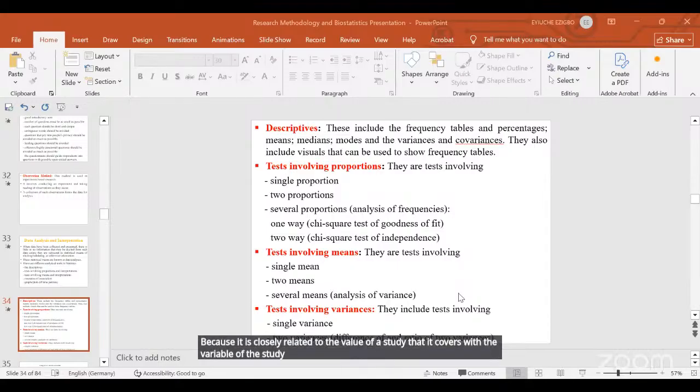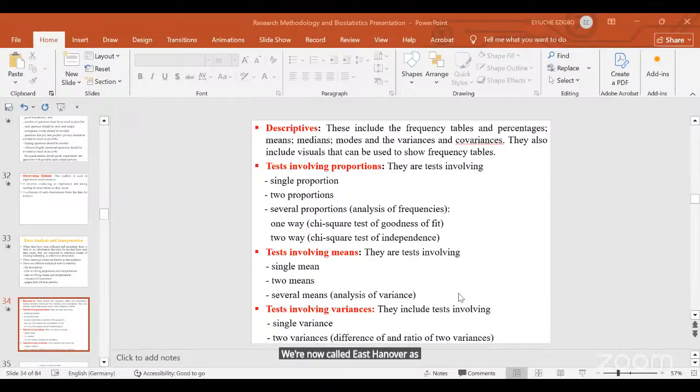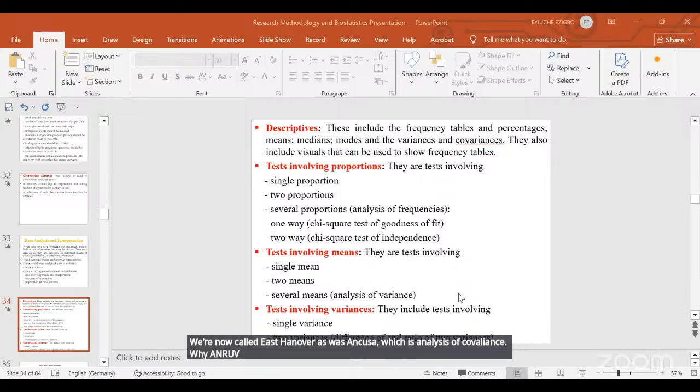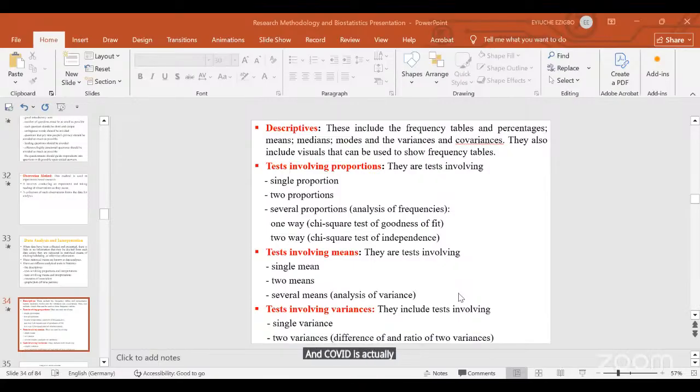As a result, we now call this ANOVA as what? ANCOVA, which is analysis of covariance, while ANOVA is analysis of variance. ANCOVA is actually ANOVA, but in the presence of another variable that co-varies with the study variable.